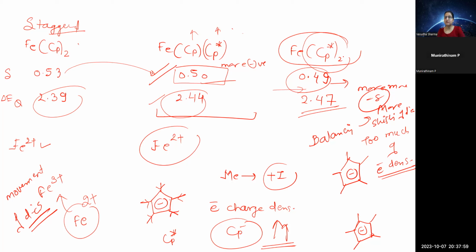But why does it happen more in iron Cp star 2? Because when more electron density comes from the ligand, more movement starts coming from the iron. When there is more asymmetry in the iron d orbitals, it leads to a higher delta EQ value. So that is why we have more delta EQ for iron Cp star.